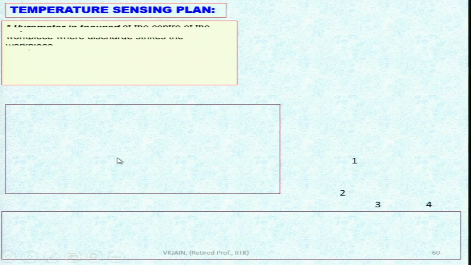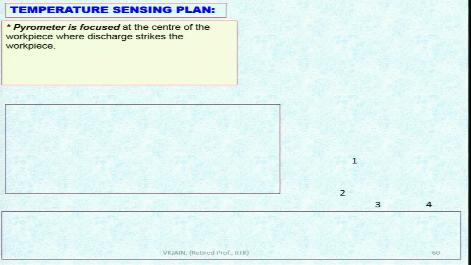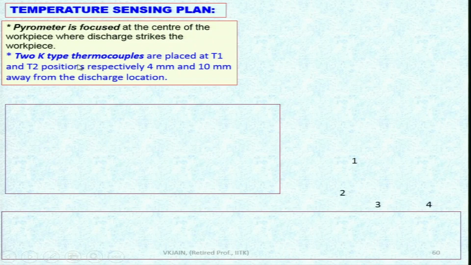Temperature sensing plan: the pyrometer is focused at the center of the workpiece where the discharge strikes the workpiece. Two K-type thermocouples are placed at T1 and T2 positions respectively, 4 millimeter and 10 millimeter away from the discharge location. Please note it carefully, and we will see how temperature variation takes place at the discharge location and at T1 and T2.